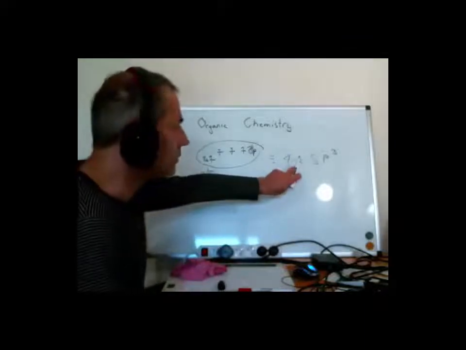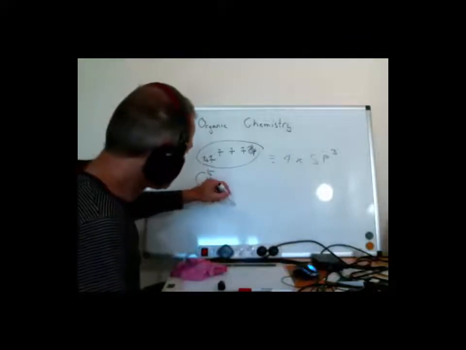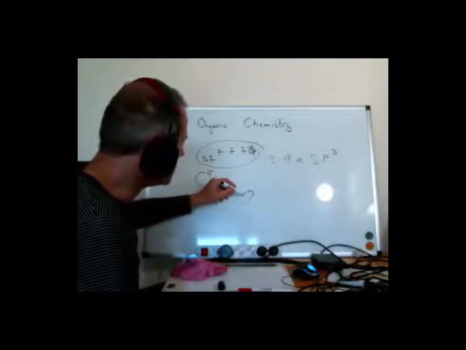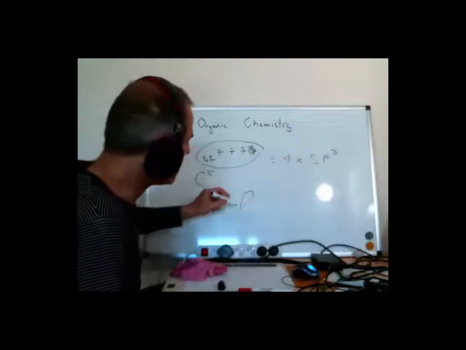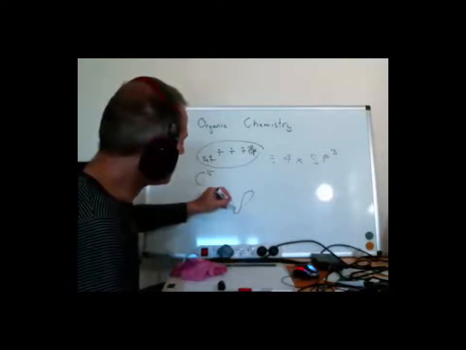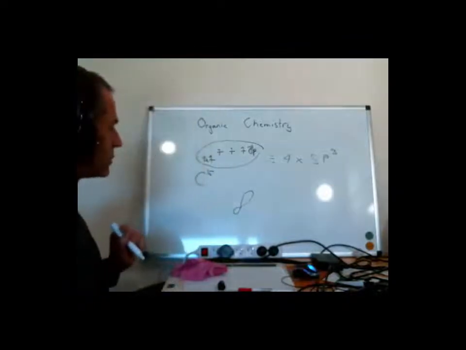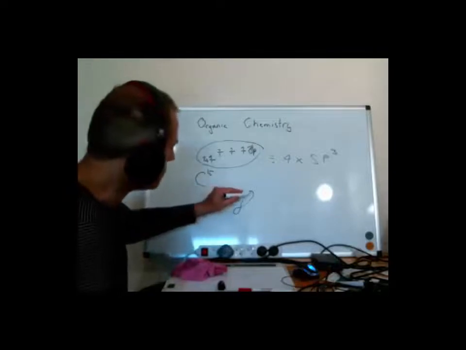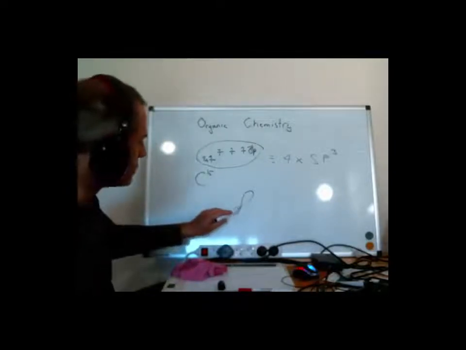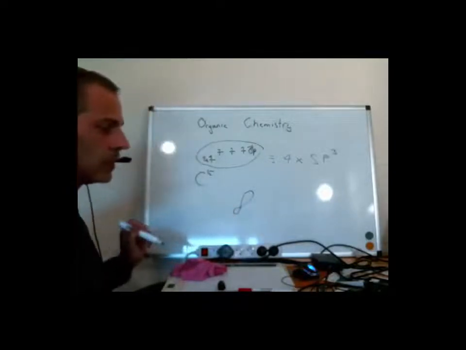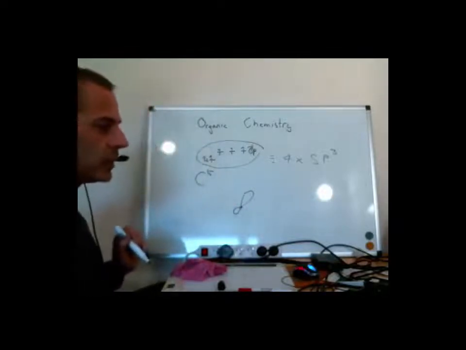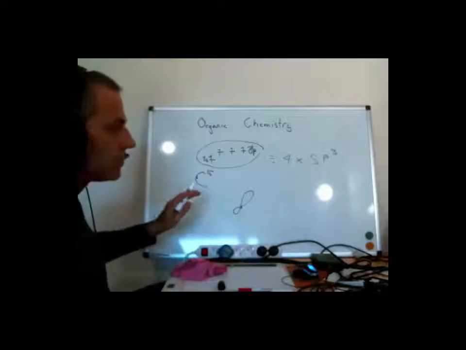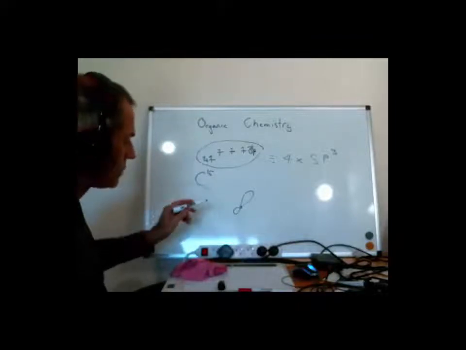But if we take 4 orbitals and we minimize their energy, and we do the quantum mechanics maths of doing that, we come up with 4 orbitals that look like this, with one big lobe and a small lobe with the atom in the middle, not in the middle, in this point here. And if we have 4 of those, they form a tetrahedron.